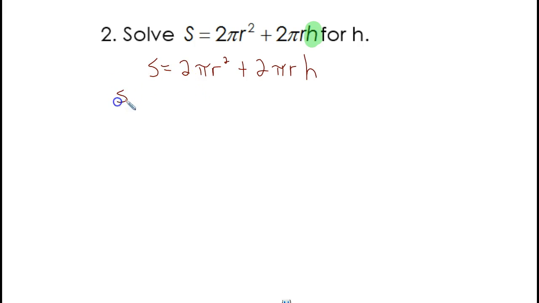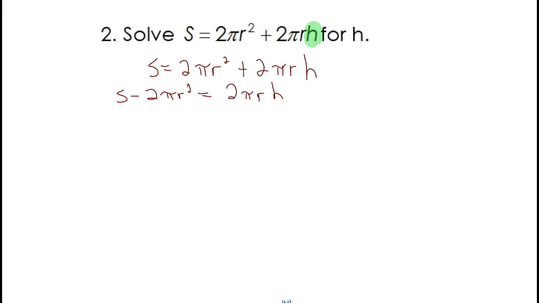On the left side, I'll have s minus 2 pi r squared. And on the right side, when I subtract 2 pi r squared, it'll cancel out the 2 pi r squared that's on the right. And the other term that's part of this sum is just going to stay there on the right side. It's going to be 2 pi r h.